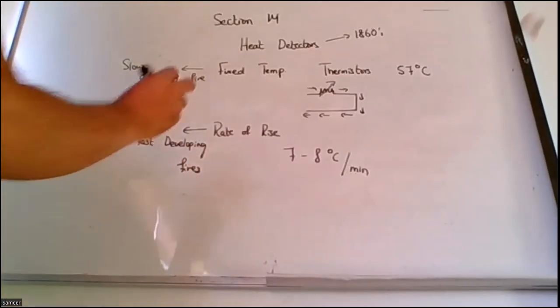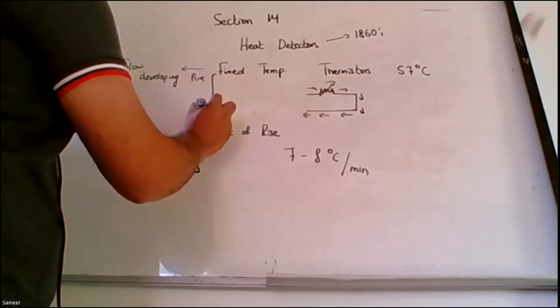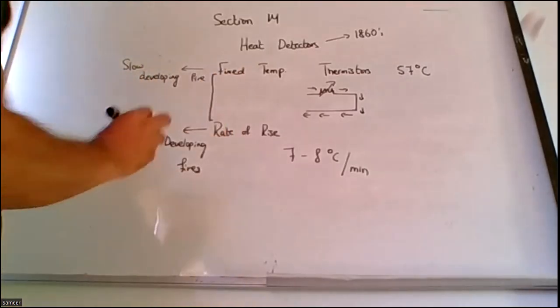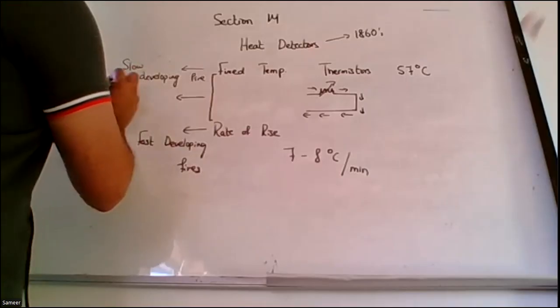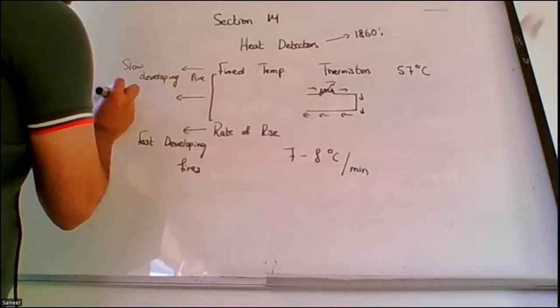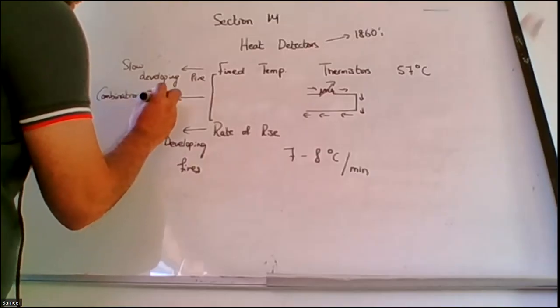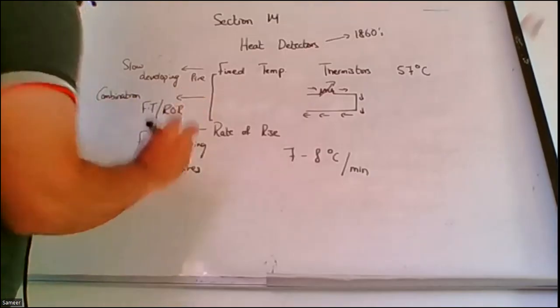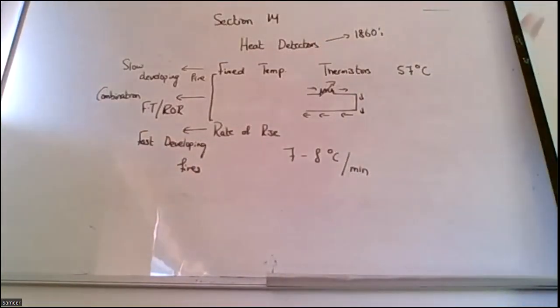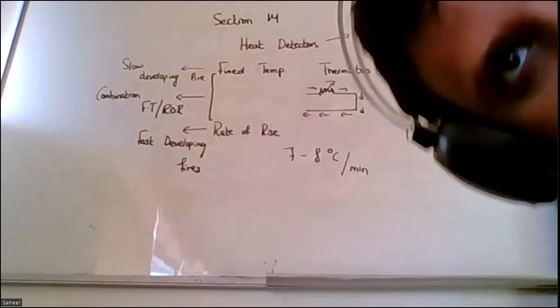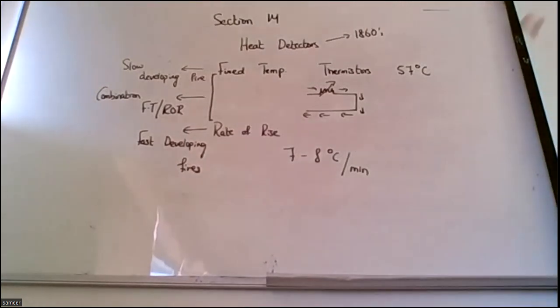And that is why sometimes we have a combination detector, a combination of fixed temperature and rate of rise. So in examination, they can ask you about the fixed temperature and the rate of rise.